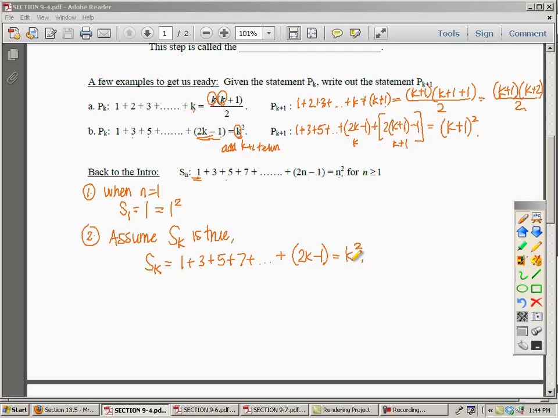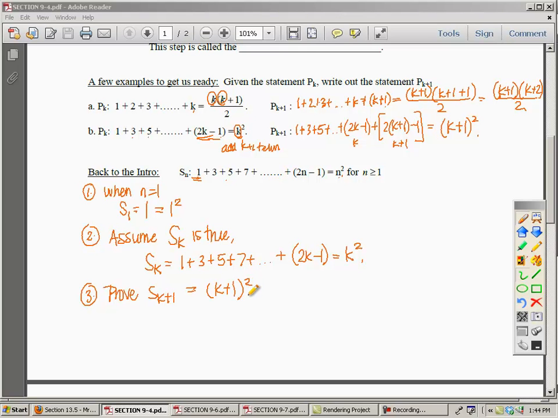My third idea is that I'm going to prove that S of K plus 1 equals, and all I'm going to use is only the sum. So instead of N, I'm going to plug in a K plus 1, so that I have K plus 1 squared.